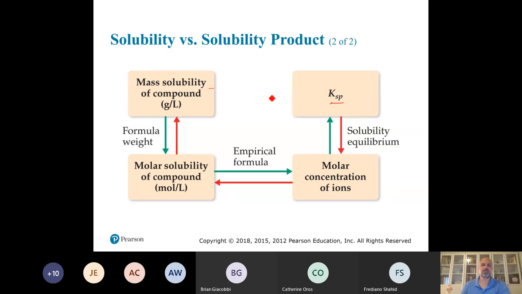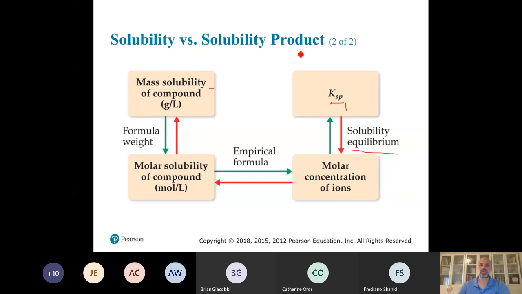If we have our solubility product constant on the right, we can use the solubility equilibrium, and this is going to give us the molar concentration of ions.